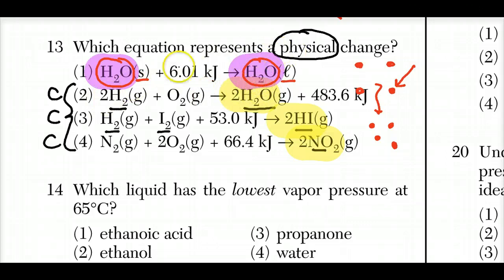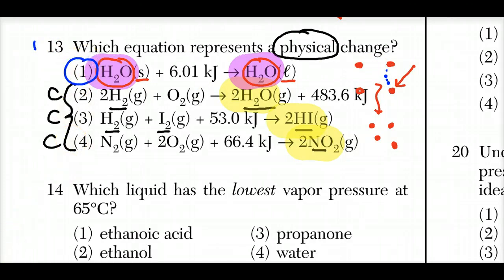So phase changes, evaporation, melting, freezing, condensation, sublimation, a solid going to a gas, or deposition, a gas going to a solid, are all physical changes because we're not creating something new in terms of breaking bonds. We're just changing the physical differences that exist between them. So number 13 is 1.